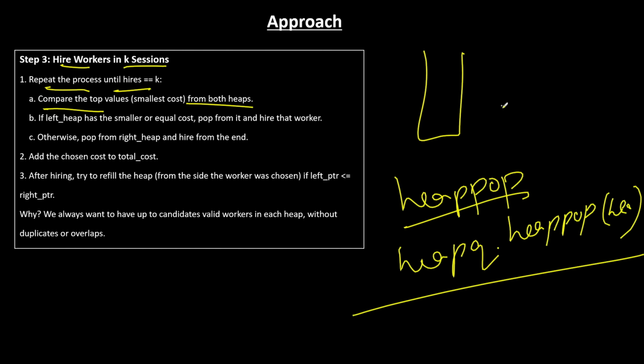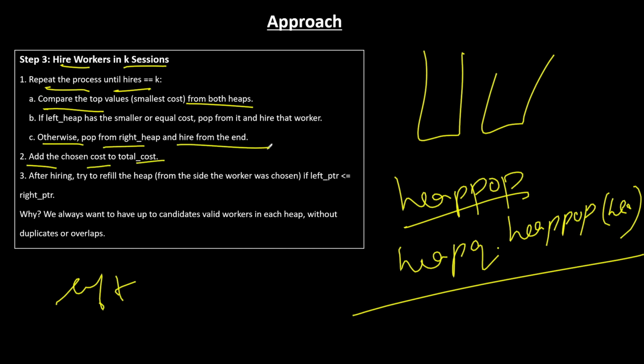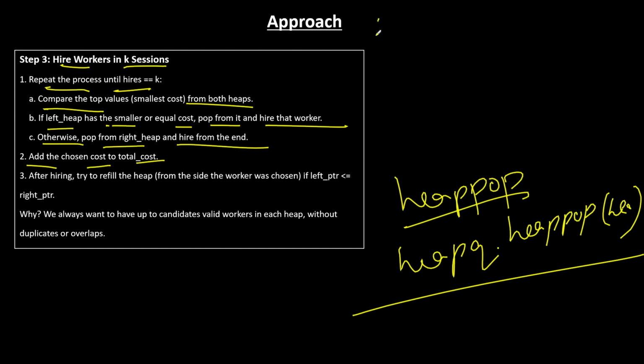Then we compare both of them, like which is smaller, right? If the left value is smaller, add the chosen cost to the total cost. Otherwise, pop from the right heap and hire from the end. And if the left heap has the smaller or equal cost, pop from it and hire that worker. This basically happens like this: in the left variable, I will store the left popped value from the min heap, and then I will check if it is less than or equal to the right value.